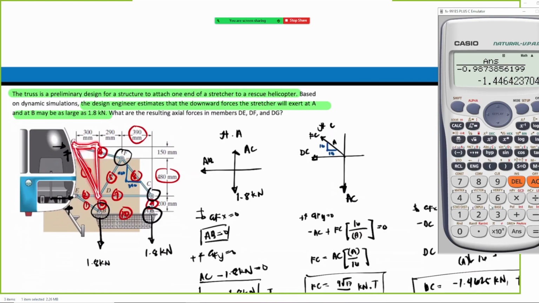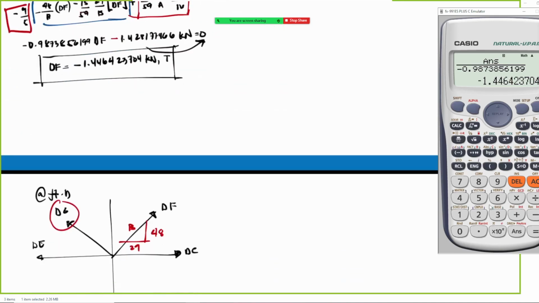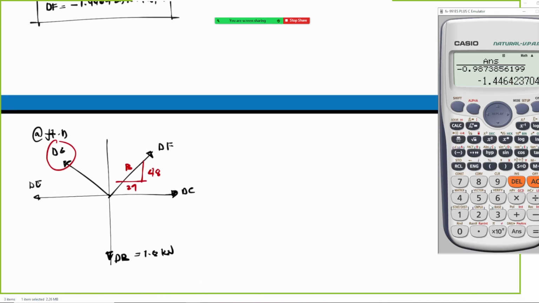So that is 300 and then 150, 480. Okay, 150 plus 480 for the DG. Okay, so sa screen nyo, that is 300 over 150 plus 480.